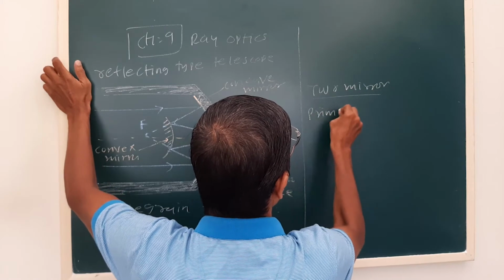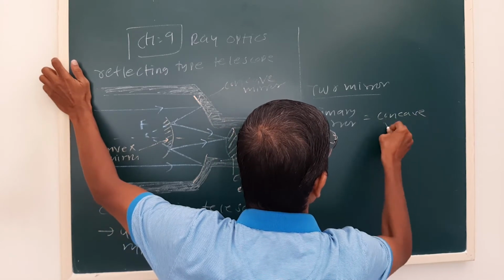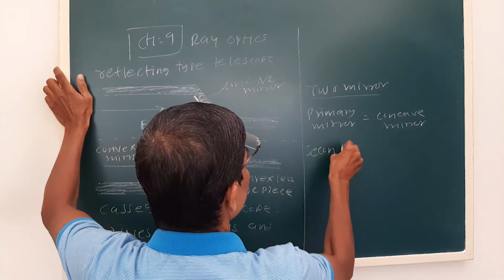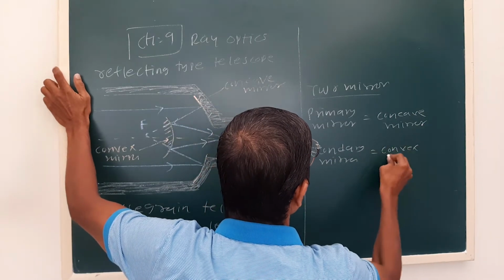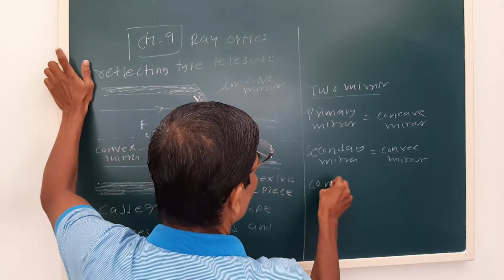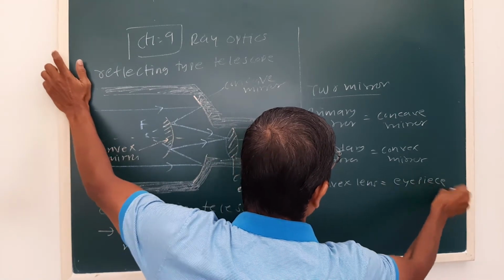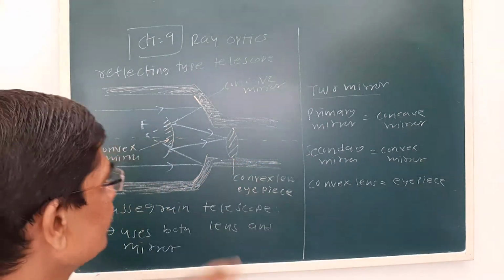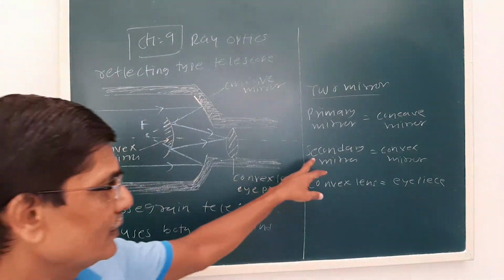The primary mirror is a concave mirror, and the secondary mirror is a convex mirror. And we have a convex lens which acts as an eyepiece. So two mirrors are there in a reflecting type of telescope. Primary mirror is a concave mirror, secondary mirror is a convex mirror.